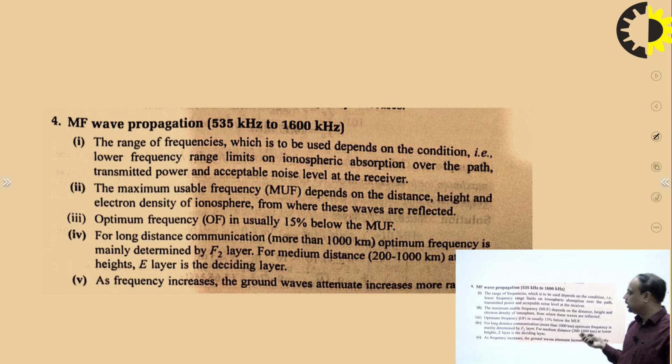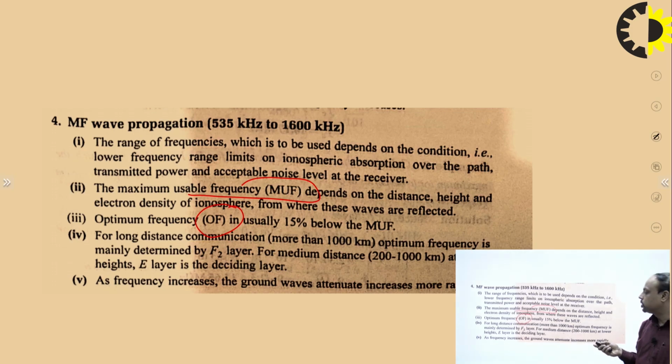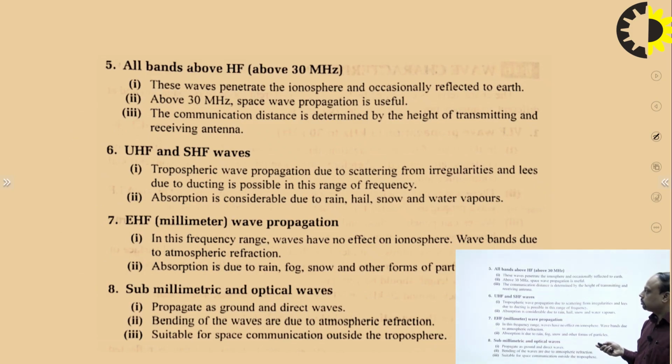This is again the medium wave, in which the maximum usable frequency lies, or the optimal return is present over here in this range. This is the high frequency band, and ultra high, super high and extremely high frequency bands, and again the sub-millimeter wave or optical wave over here.